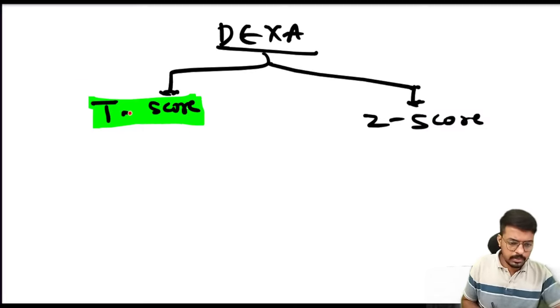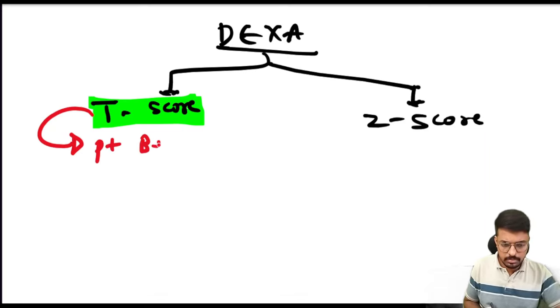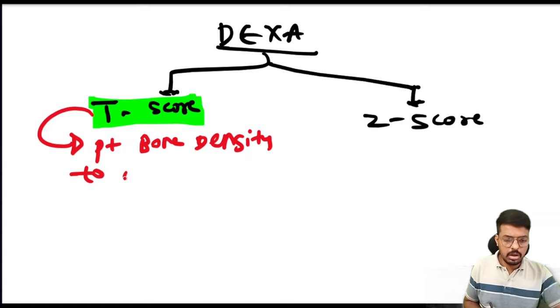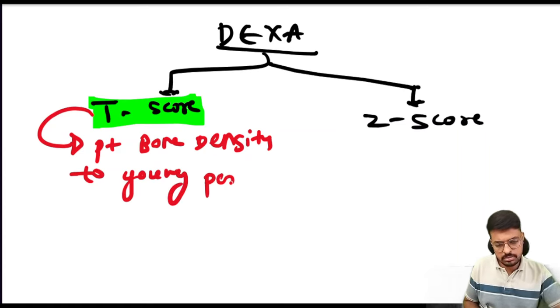The T score is generated by comparing the patient's bone density to a young person's bone density.